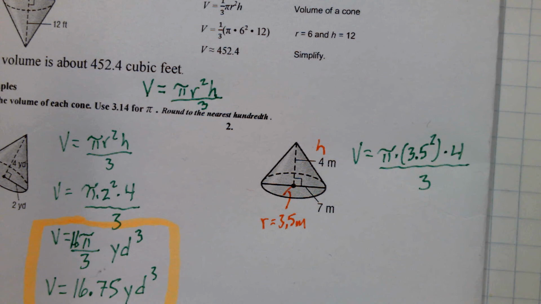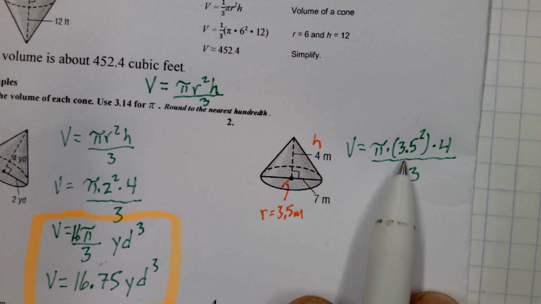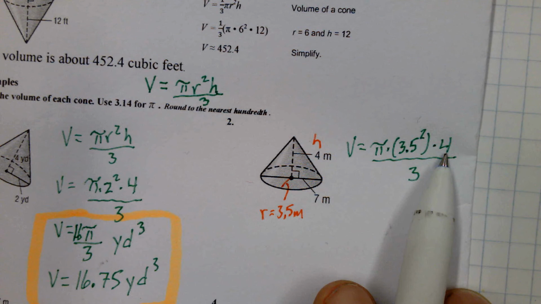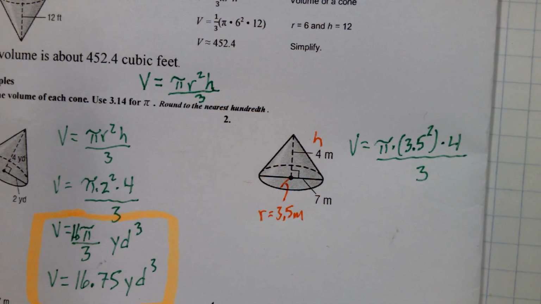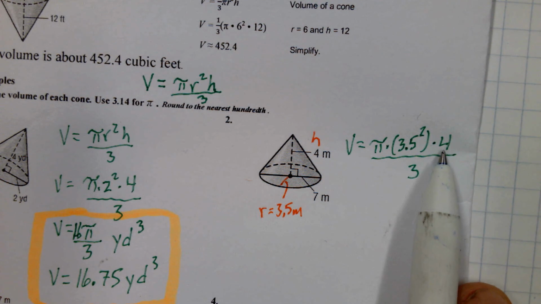So let's see, 3.5 squared is, how much is 3.5 squared? Yeah. So 12.25, multiply it times 4. What do we get there?